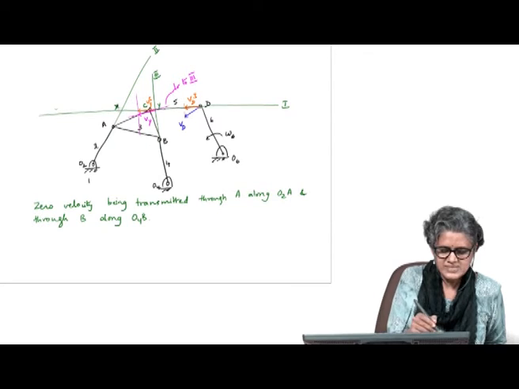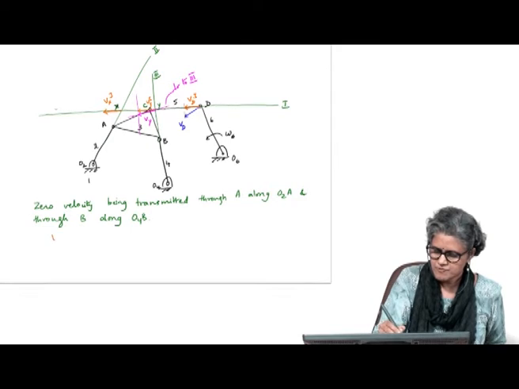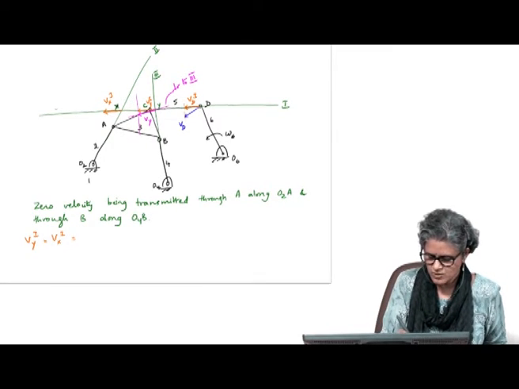For point X, same thing. Vx along 1 is Vy along 1, which is Vd along 1.